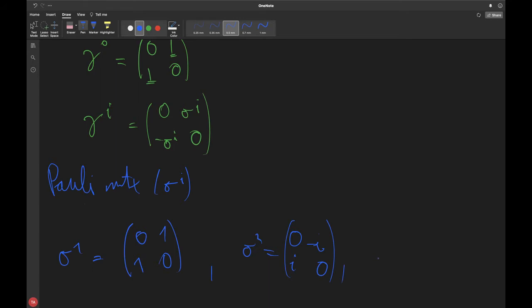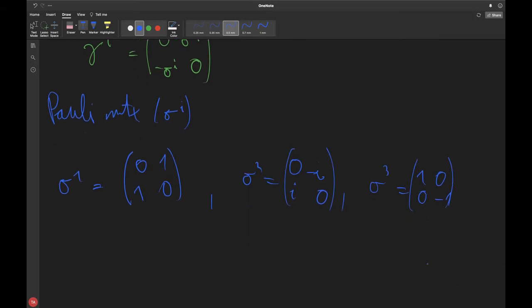And sigma 3 is the same as 1, 0, 0, minus 1. So what's common in these is that the determinant is 1 and the trace, so the sum of the diagonal elements, is 0, right?